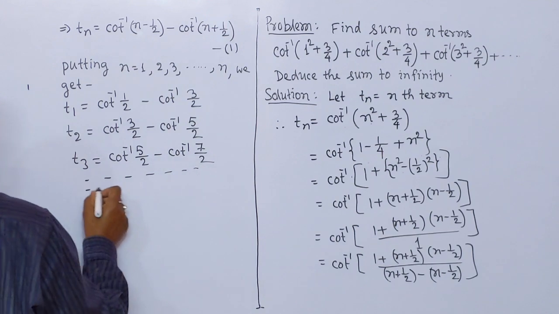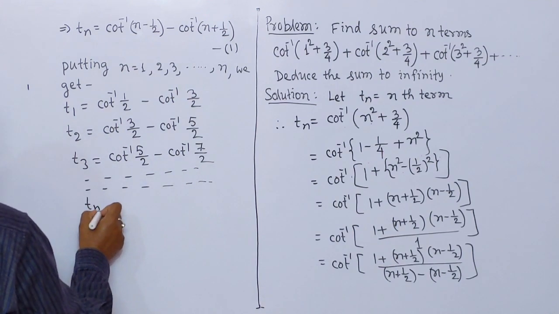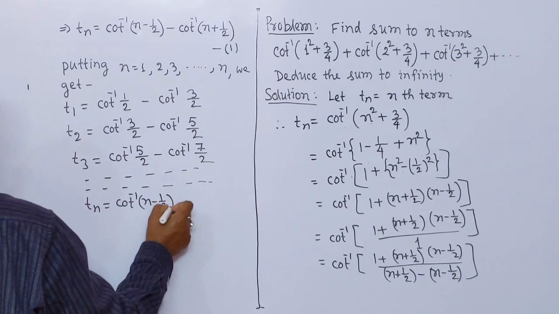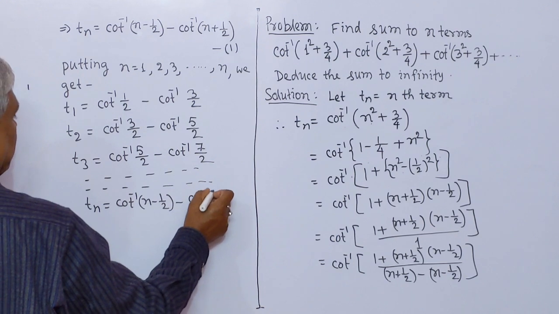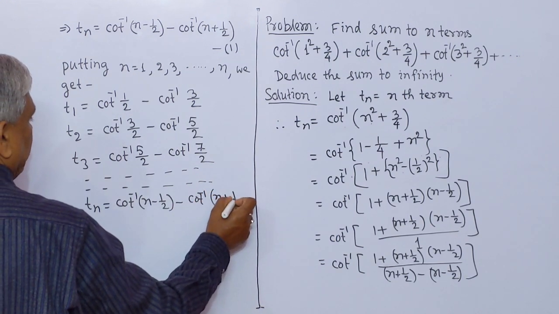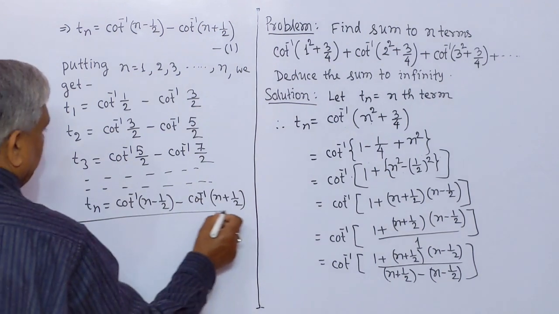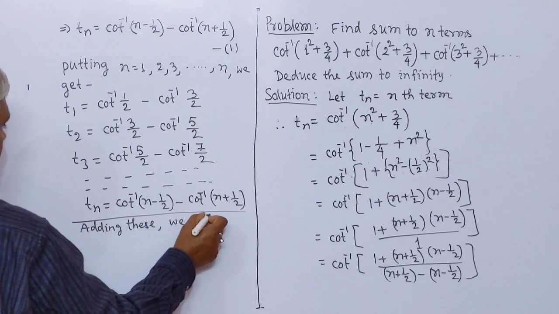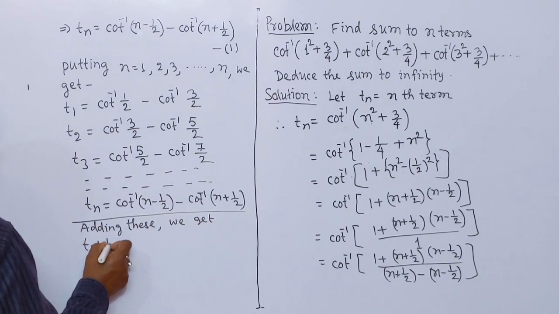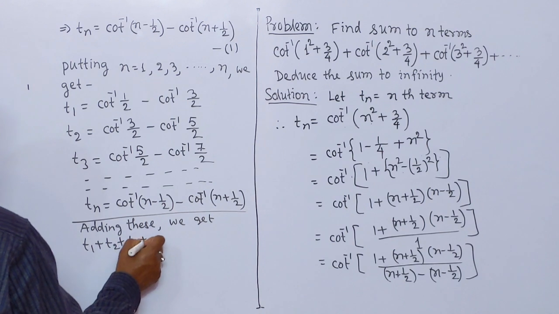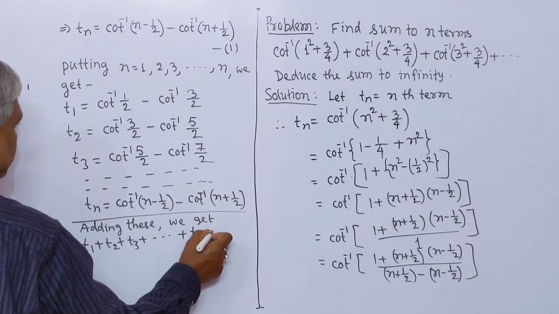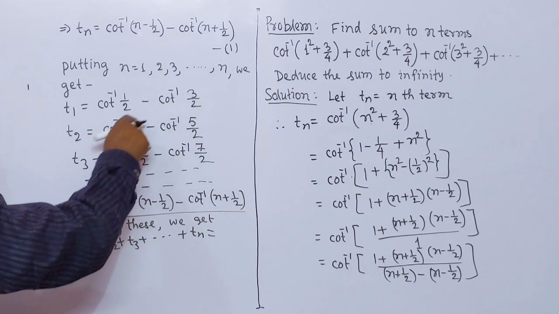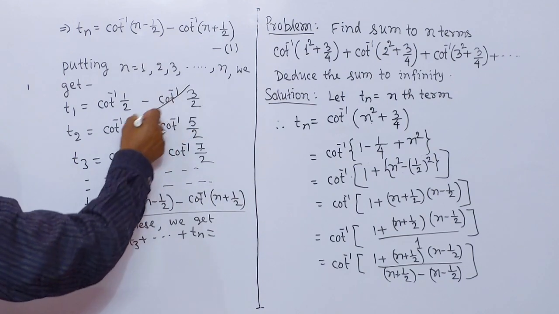dot dot dot, and Tn equal to cot inverse (n minus half) minus cot inverse (n plus half). Adding these, we get T1 plus T2 plus T3 plus dot dot dot plus Tn equal to, here we see that cot inverse 3 by 2 negative, cot inverse 3 by 2 positive, cancel.